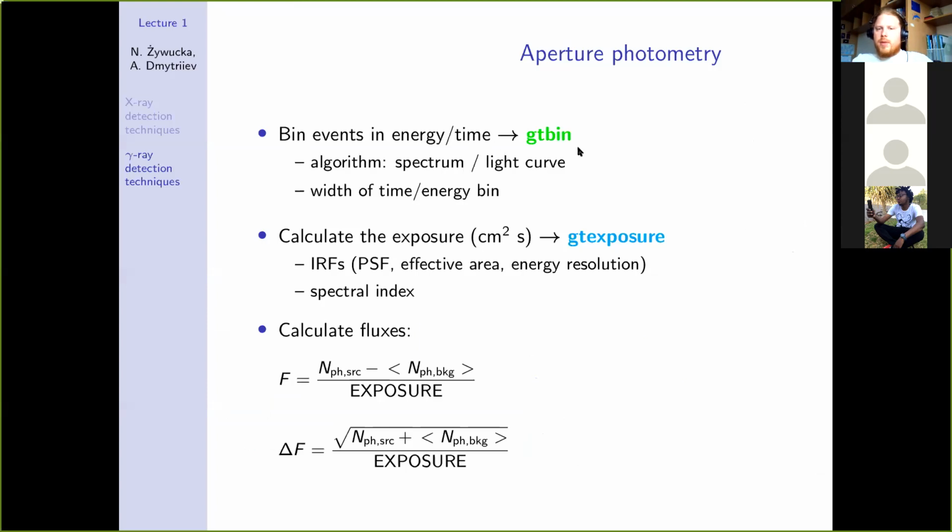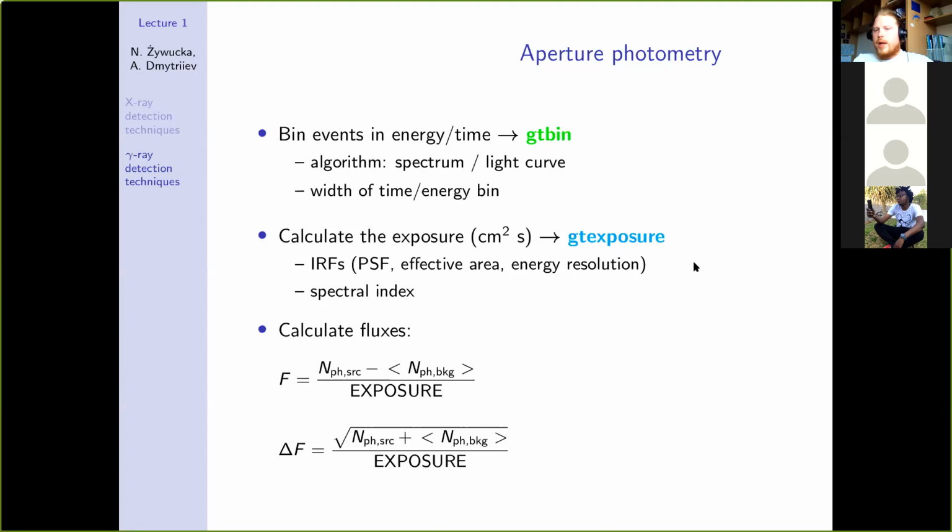All this is done by a tool named GTBin. GT is the starting prefix and bin is because it's doing binning. So what do you need to indicate to the tool? You need to indicate which algorithm you want: spectrum, light curve or map. And then the width of the time bin or energy bin.